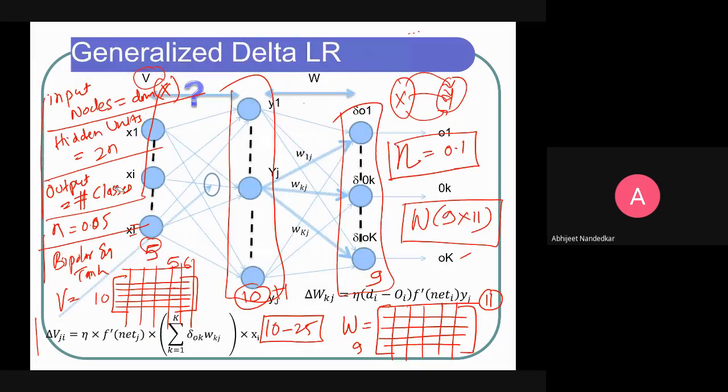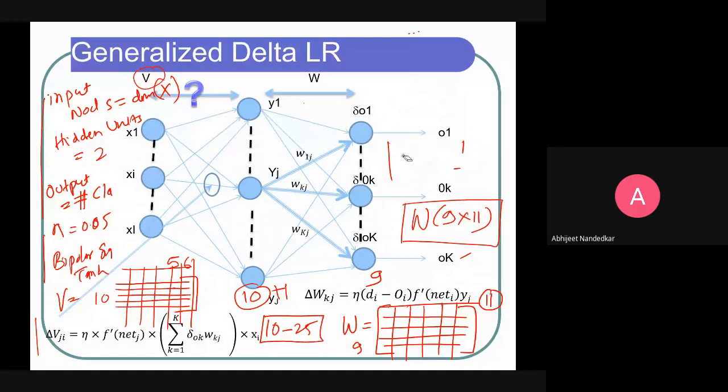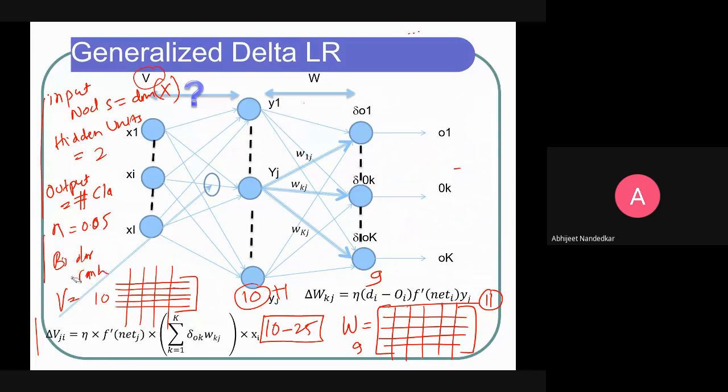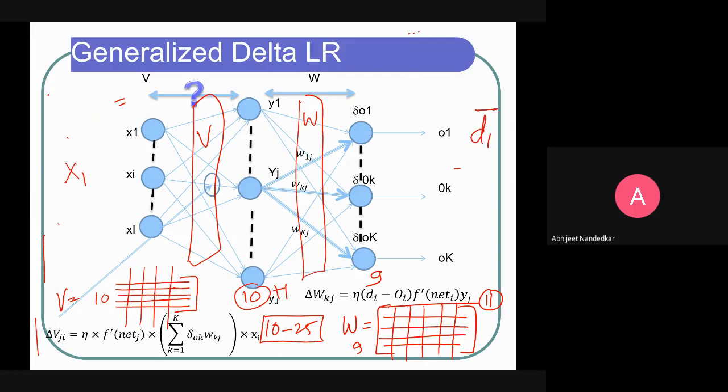So let me clear this. So you have decided randomly the value of V here. You have decided randomly the value of W here. Then you will apply the first pattern X1 and it will have its desired vector D1.